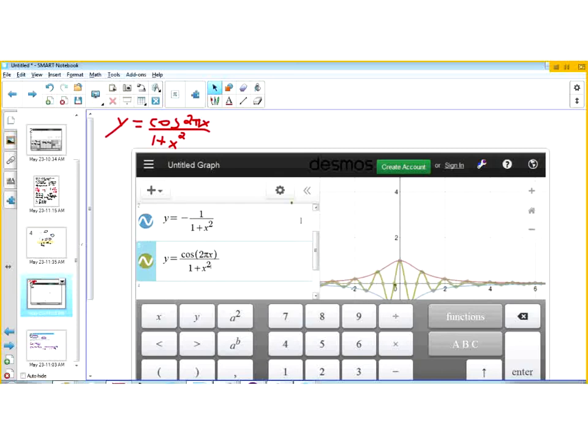And there you see how the green part is confined to the envelope, where the x-intercepts of the green curve are still the same as the x-intercepts of y equals cosine 2 pi x, but the amplitude is chopped. It's blocked by the boundary of the envelope. All right, so that's kind of interesting.